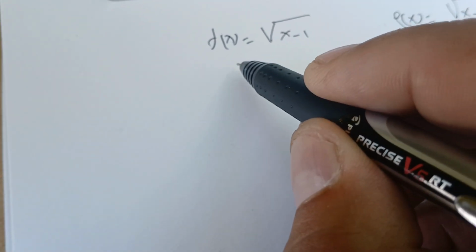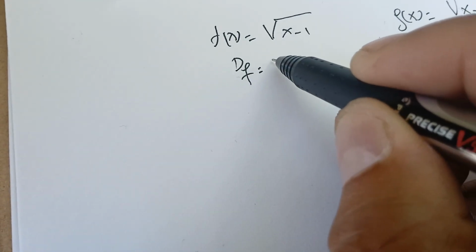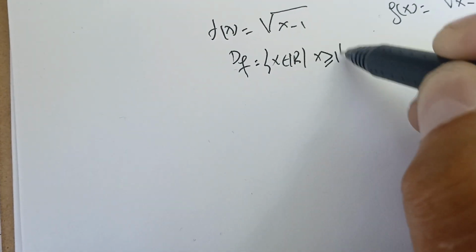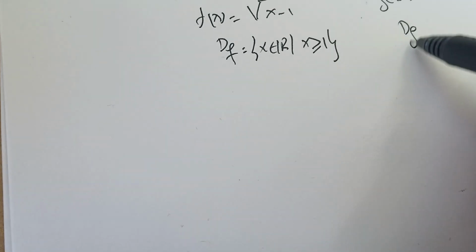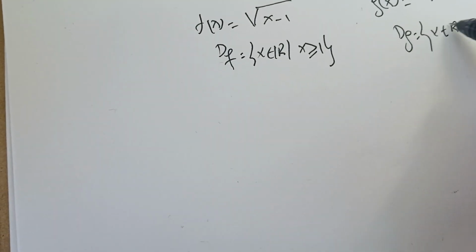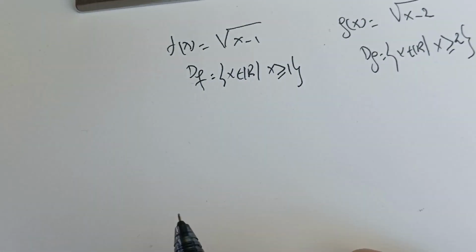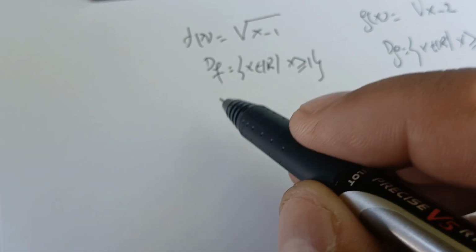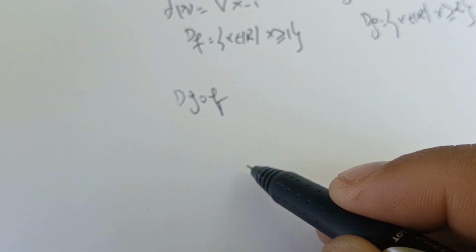For f, it's those values in R such that x is bigger than 1. For g, it's those values in R that satisfy this condition. Okay?